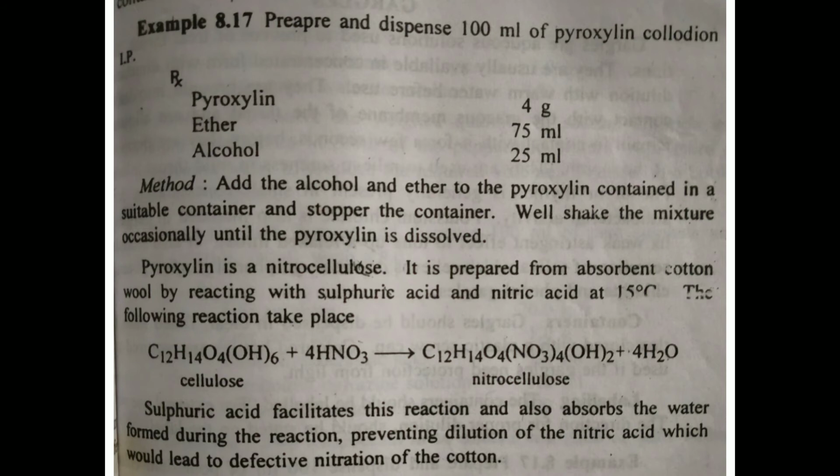First one, prepare and dispense 100 ml of pyroxylin collodion. The components in pyroxylin collodion, as per Indian Pharmacopoeia, are pyroxylin 4 grams, ether 75 ml, alcohol 25 ml.